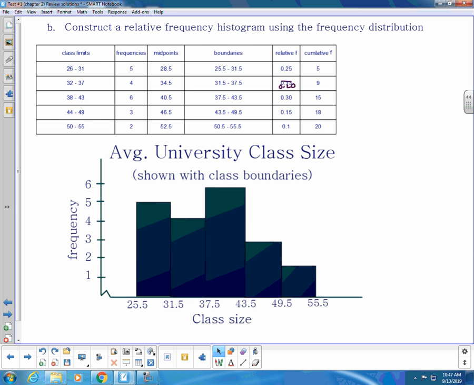Class boundaries or midpoints. Do not use the class limits. Okay, class boundaries or midpoints. You okay with that?